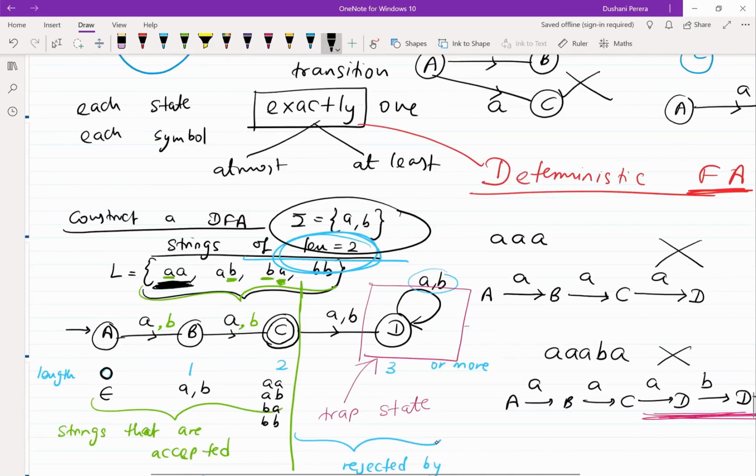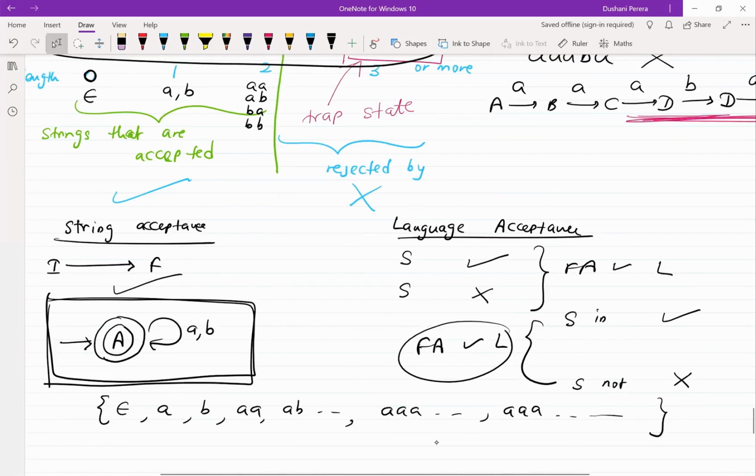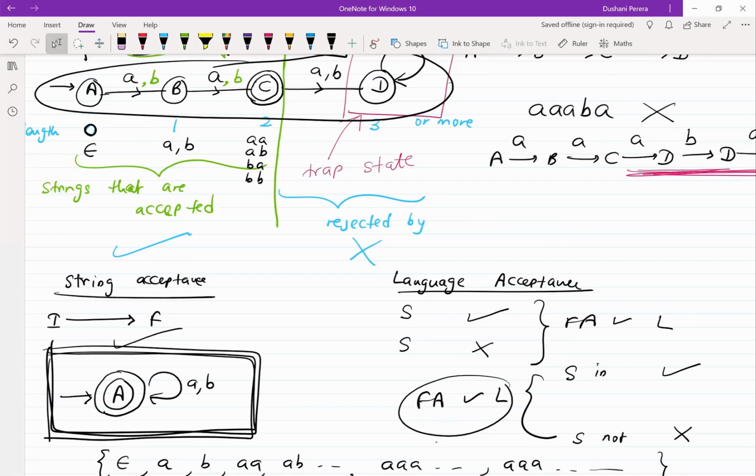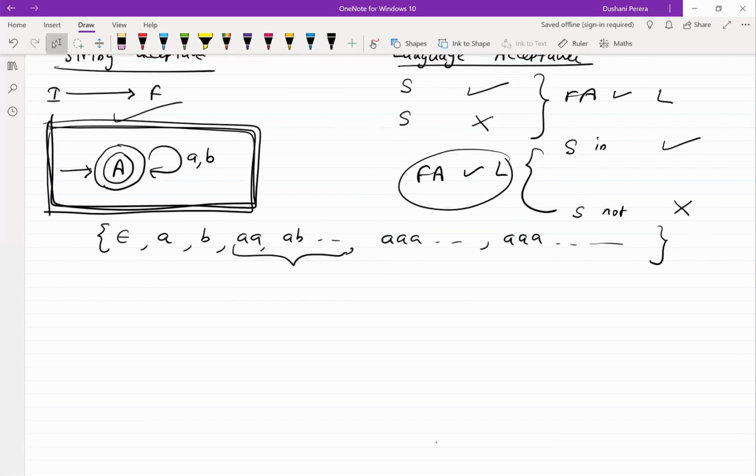Without drawing this entire thing, we could have just drawn this one and said that this is the finite automata which represents that particular language. Because it accepts this set, and that is what was in the language. But it is not so. Why?